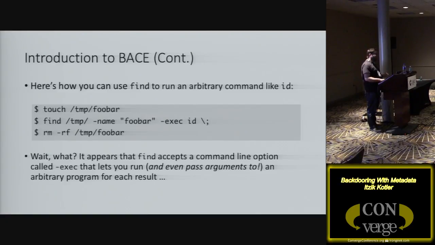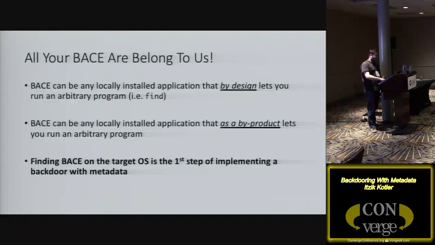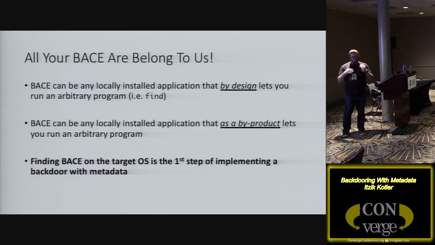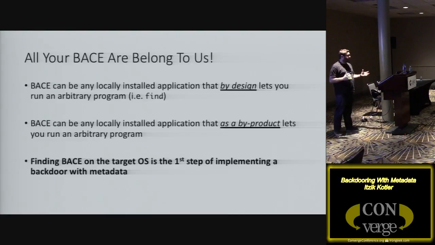So this is, like I said, the vital first ingredient in backdooring with metadata: understanding which binaries are capable of that. Like I said before, during the mapping that my team and I have made, we classified or stumbled across two major types. The one is base binaries that can execute arbitrary commands by design, and the find example that I just showed you is one of those.